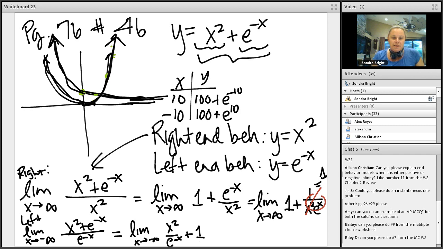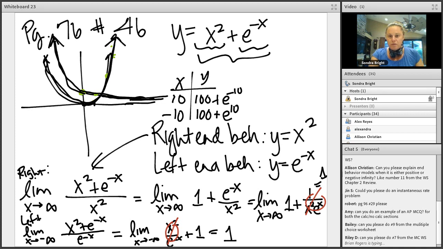And do you see, if you plug negative infinity into x and then you square it, that would be a positive, right? But e to the negative x at negative infinity would be e to the positive infinity down below. So you're dividing by infinity, which definitely zeroes out much faster than an x squared. And so this is equal to 1. And that's what you needed to prove, that when you divide it, it is equal to 1.